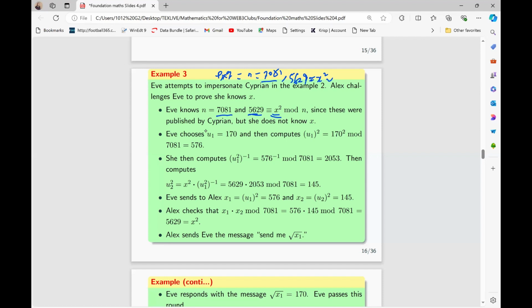So Eve chooses a random number, 170. This is U1. She squares this 170 and gets 576, after reducing it mod 7081.